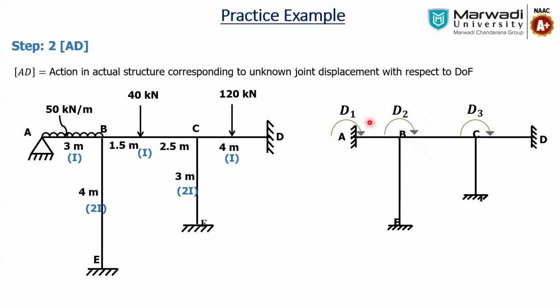Similarly, with respect to D2, is there any joint moment acting specifically at B? No, so that is also 0. And similarly, at C, with respect to D3, is there any moment acting at C? No, it is also 0. So our AD matrix is 0, 0, 0. AD is always three rows and one column, which indicates that the three rows correspond to the three unknown degrees of freedom, and there is always one column, a kind of column matrix.